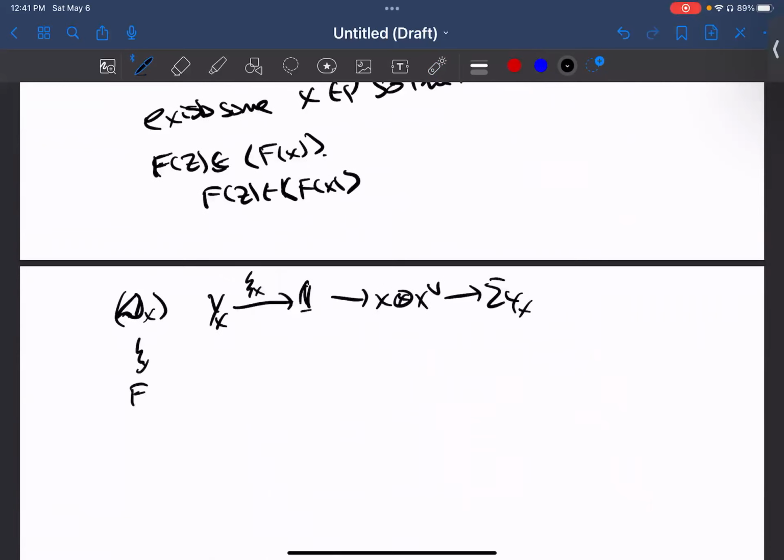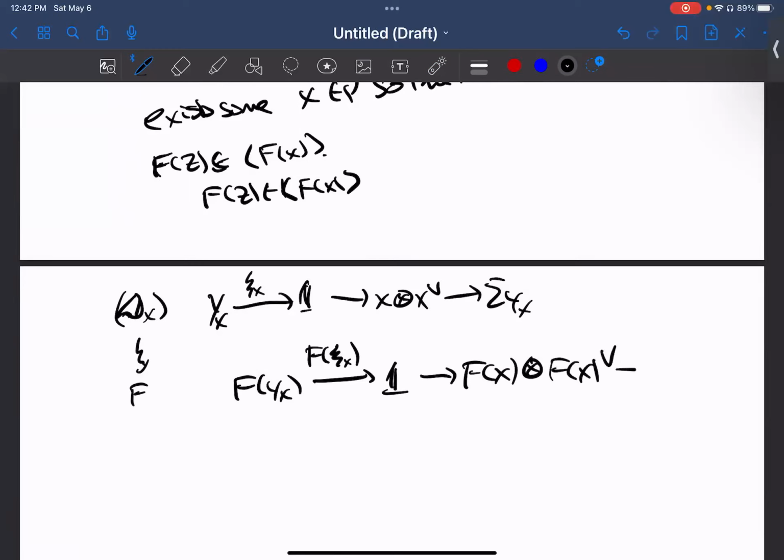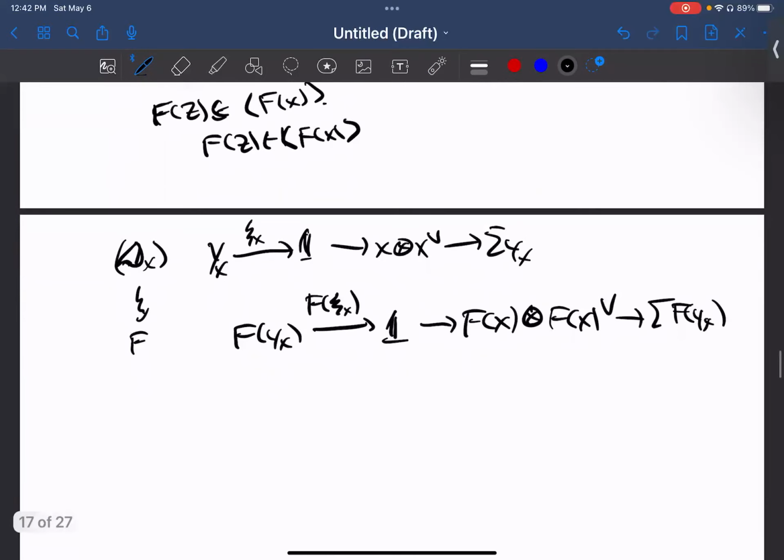If we apply f to this, then we're going to get f of yx going by this to 1, because it's symmetric monoidal, to f of x tensor f of x dual, again because it's symmetric monoidal, to sigma f of yx. And in particular, this is exactly the same sequence that we would see for delta f of x, so that f of this is equal to the same thing for f of x.